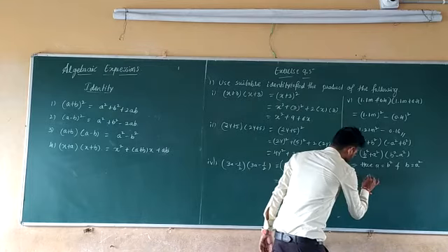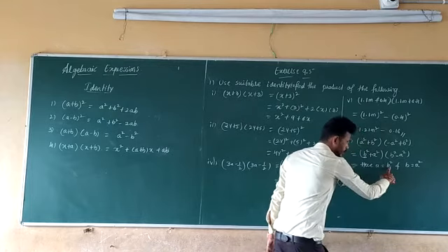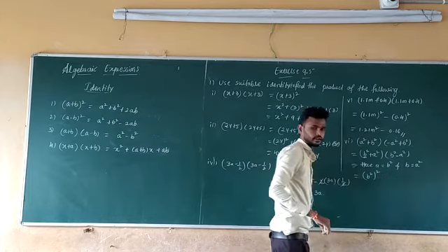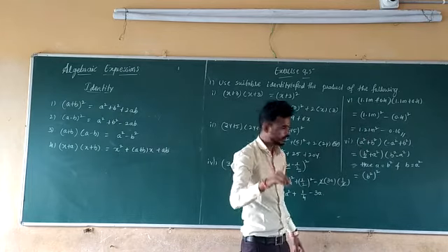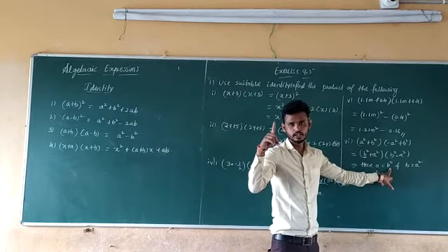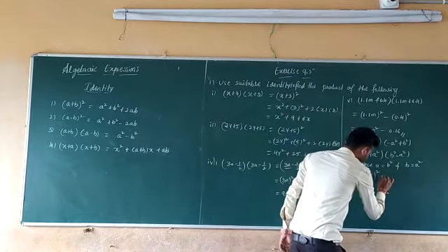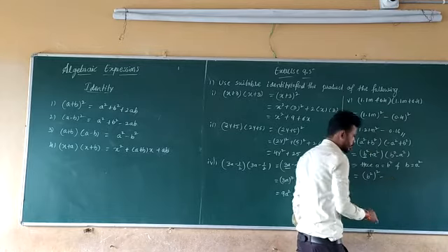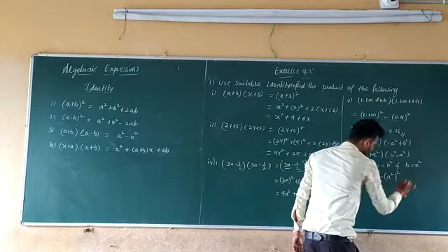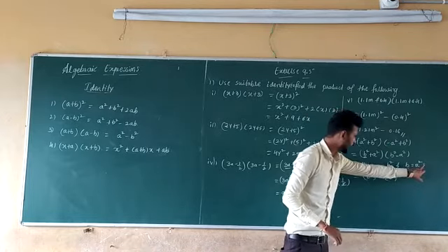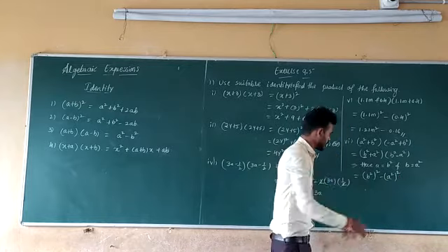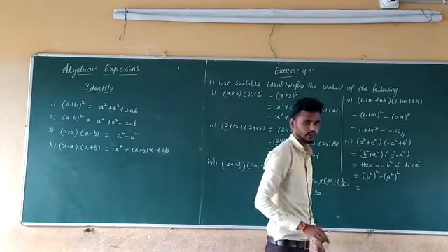So now a square, a means b square, whole square, minus b square, b is a square, so a square whole square. Which is equal to b square whole square.